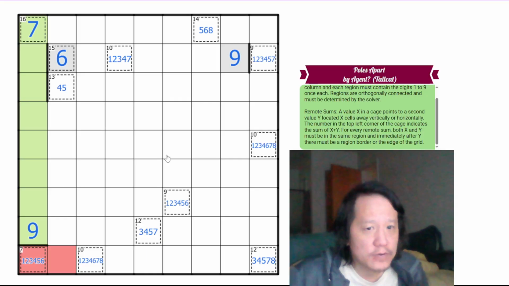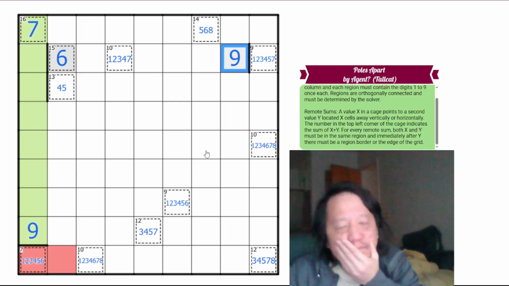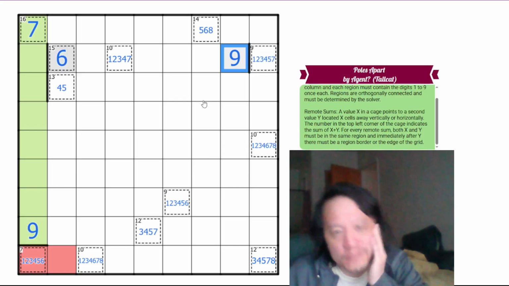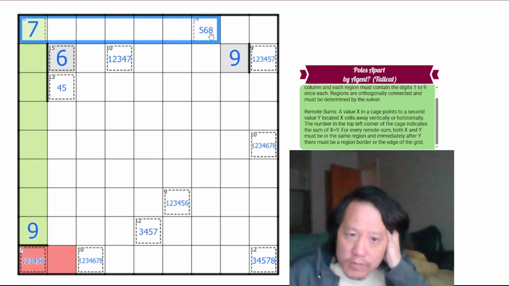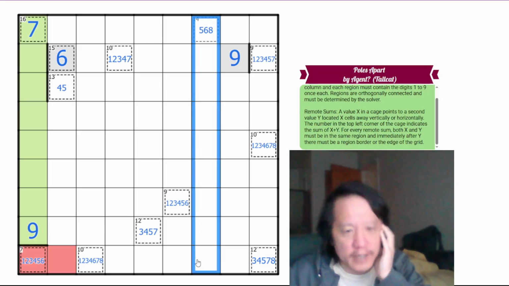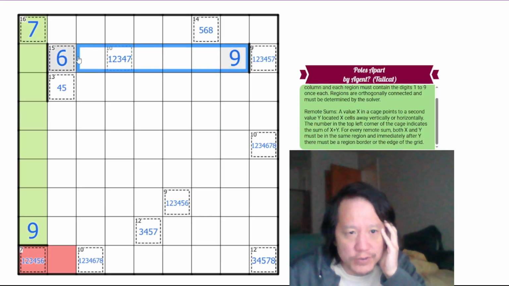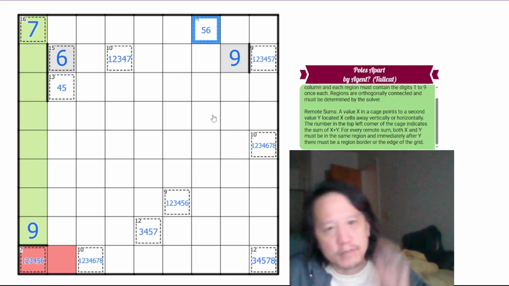On the edge of a grid. 1, 2, 3, 4, 5, 6. Can you go 8 again? No, you cannot go 8 anymore because that would block this from being in a region with this. And I don't think you can go down, right?